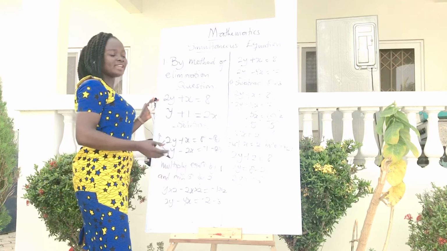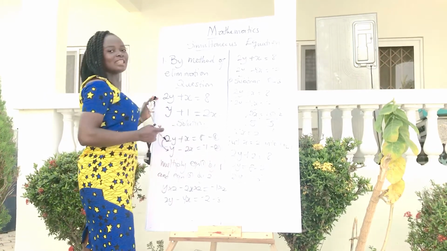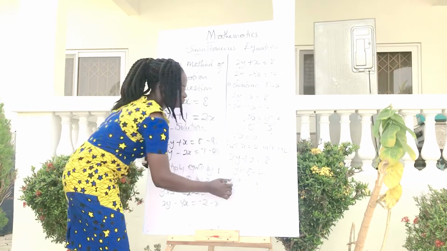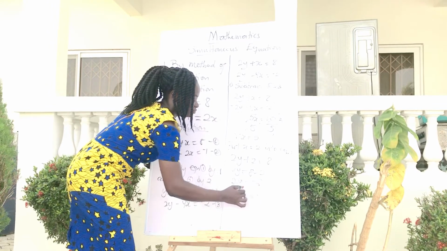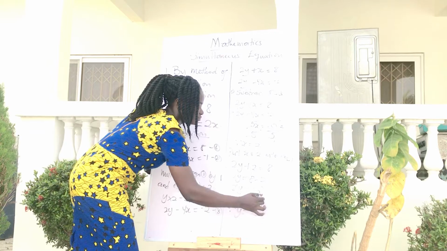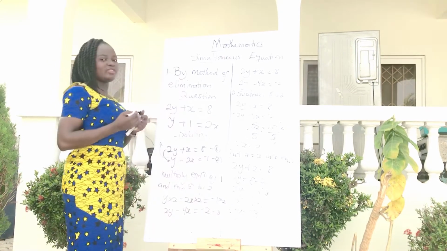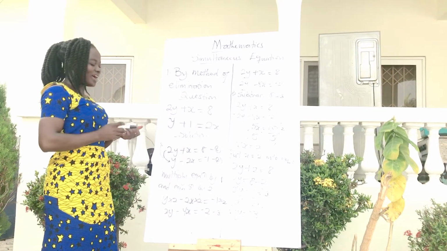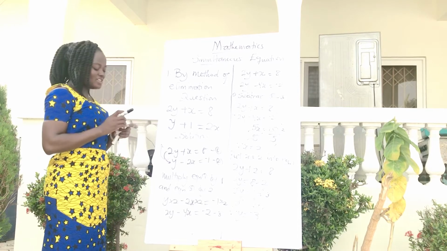Then we divide each side by anything attached to the y. So in return, we get y as negative 3.